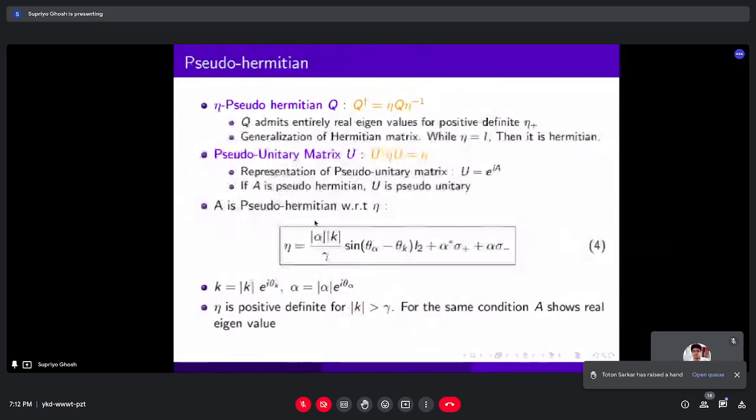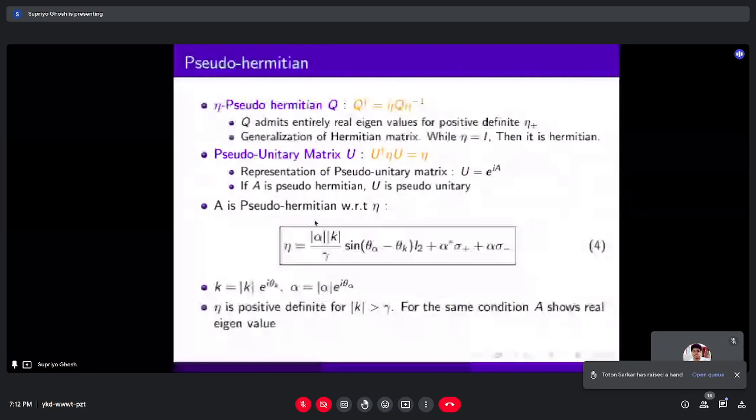And now the pseudo-unitary matrix U. The definition of a pseudo-unitary matrix U is U dagger eta U is equal to eta. Even in this case, when eta is equal to the identity matrix, then U dagger U is equal to identity, which is basically the unitary matrix.